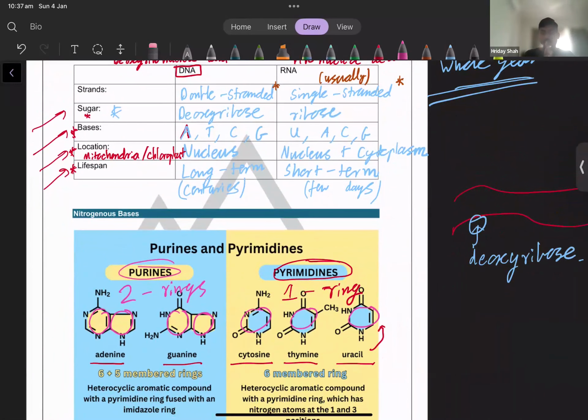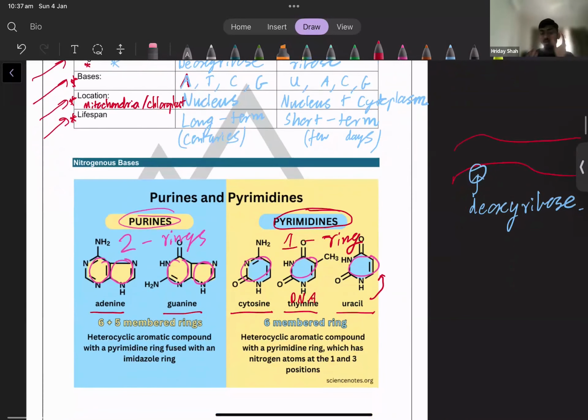Every nucleic acid molecule is going to have a nitrogenous base. Both DNA and RNA have four options. A, C, G are common, but for DNA we have thymine, and for RNA we have uracil.